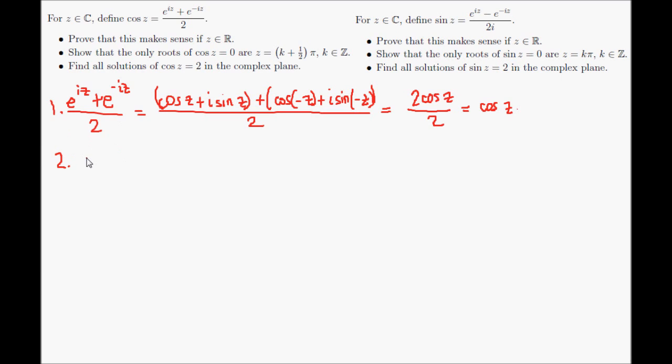So let's solve cosine of z equals 0, which means that e to the iz plus e to the minus iz divided by 2 equals 0.